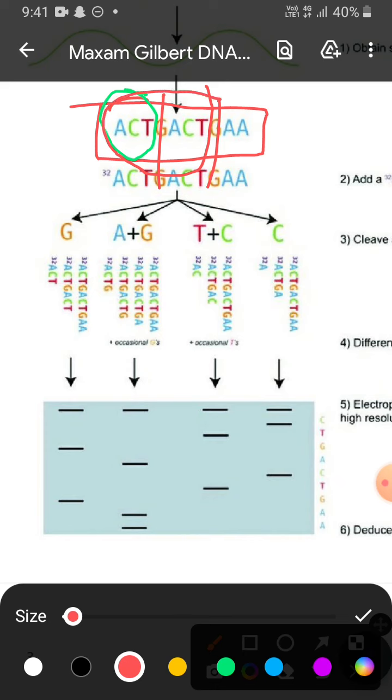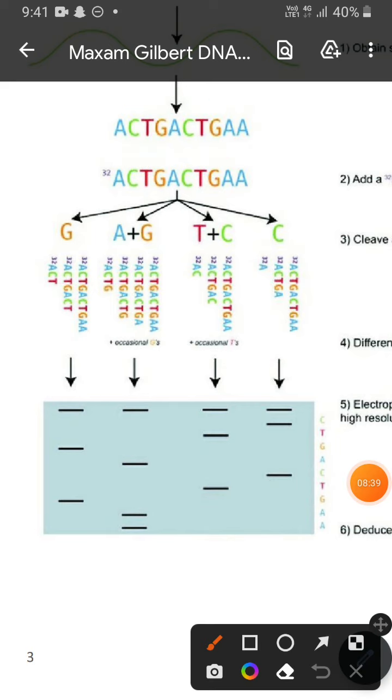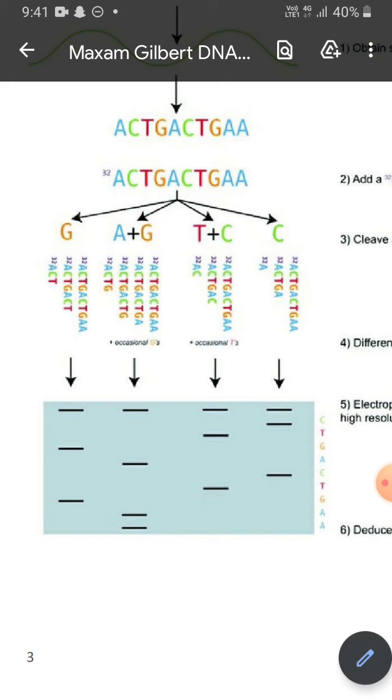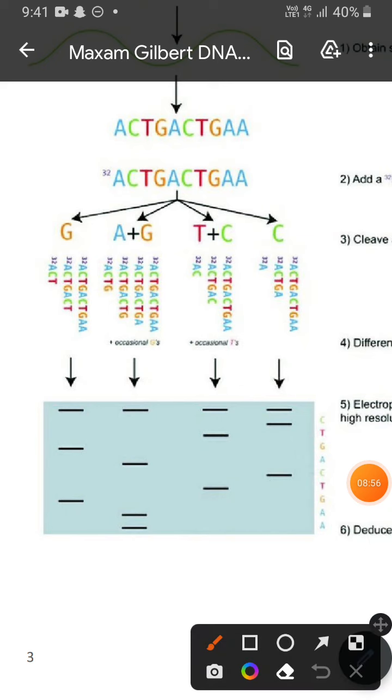So in case of the fragments mentioned here, in the first one, will they move faster or relatively slower? Obviously slower, because their size is quite longer than the second one. Similarly here also, right?